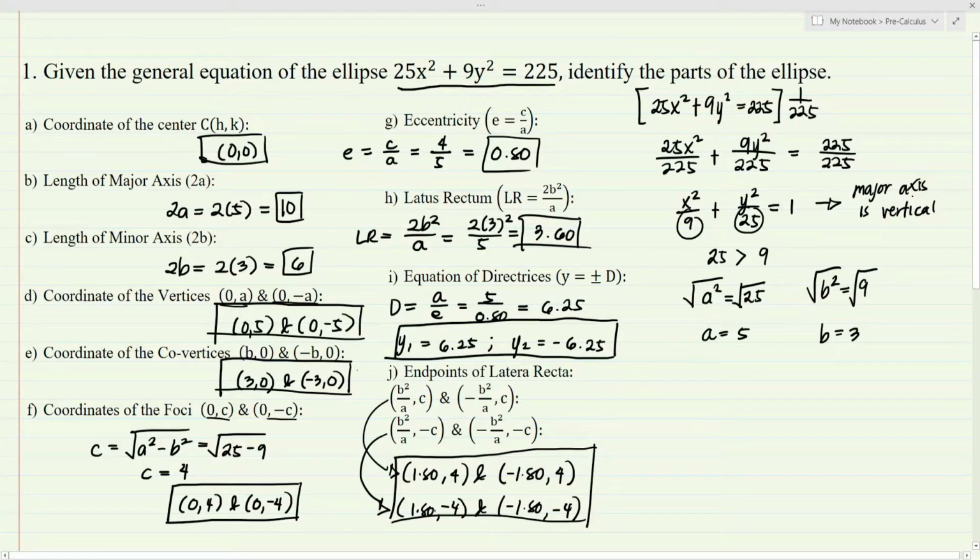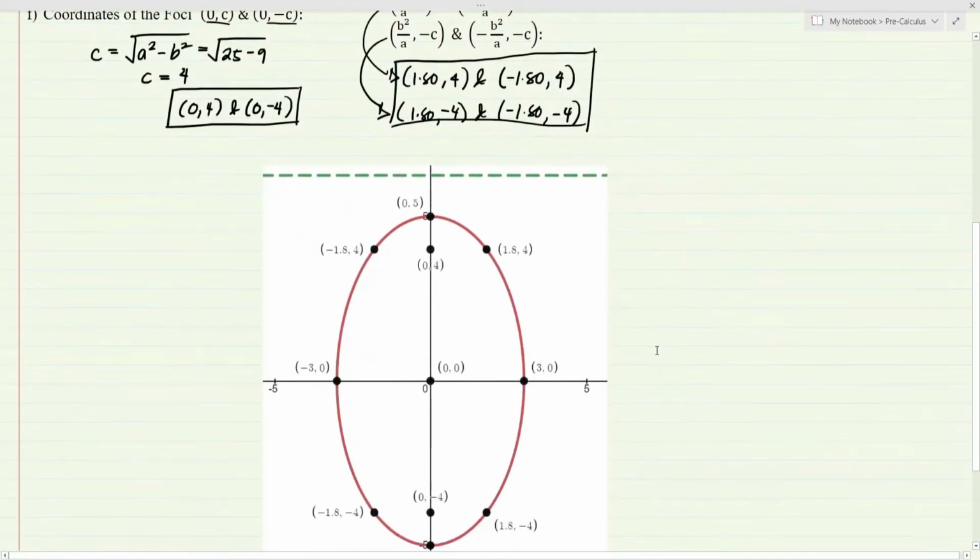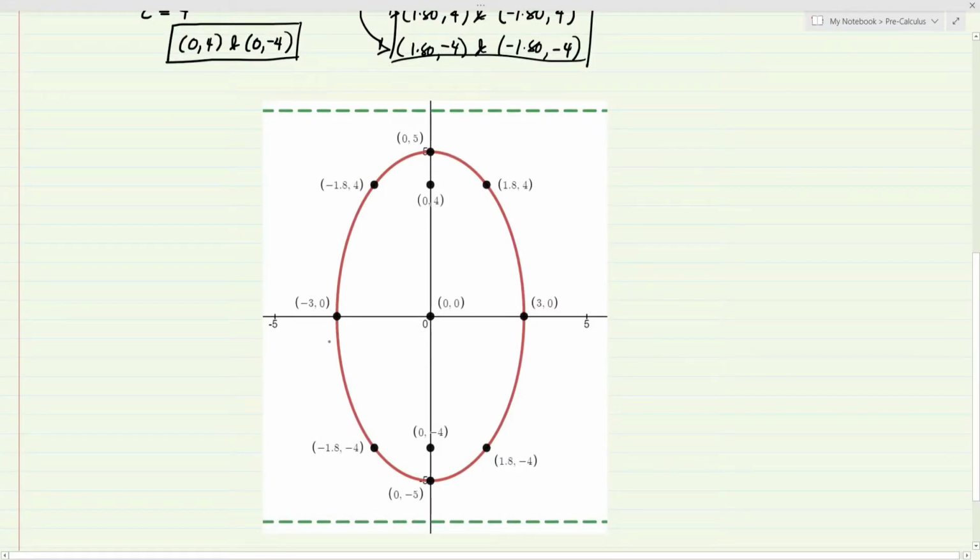Now, if you try to graph the parts of the ellipse, we would have this figure below. We have here the center at the origin, the endpoints of our major axis, which is the vertices 0, 5, 0, negative 5, endpoints of our minor axis, which is our co-vertices, negative 3, 0, positive 3, 0. The coordinates of the foci is 0, 4, 0, negative 4.